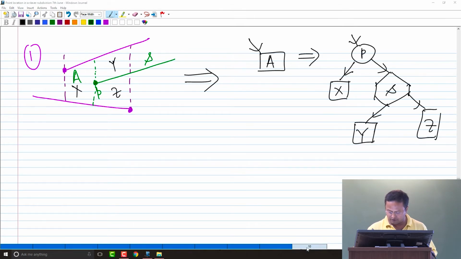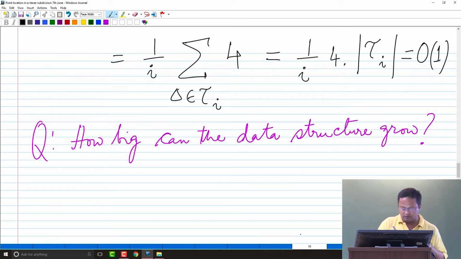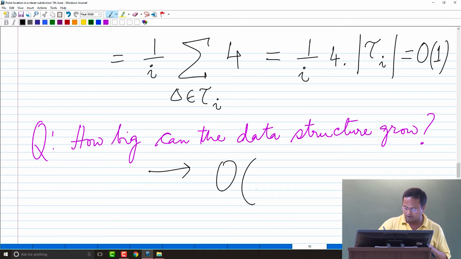Fine. So, we have convinced ourselves that the data structure is also linear sized. So, remember this question that we posed ourselves, this is also linear, no? Fine.